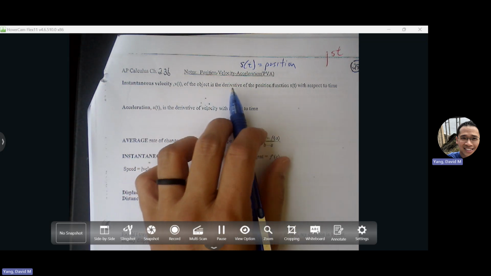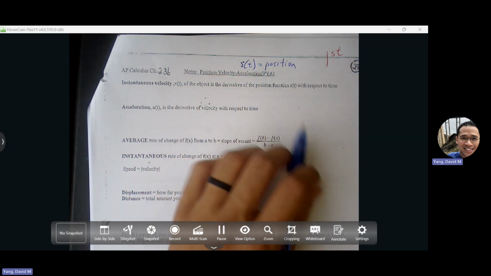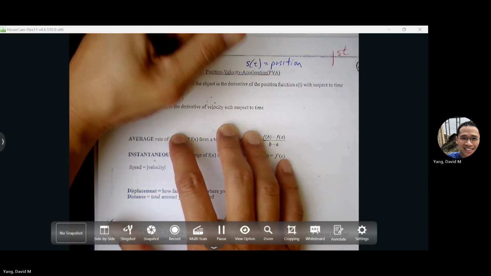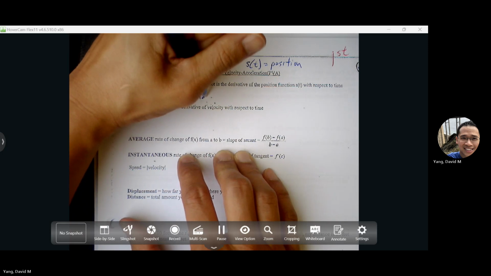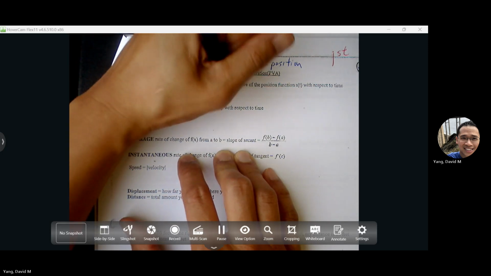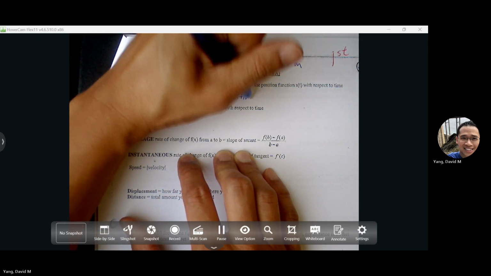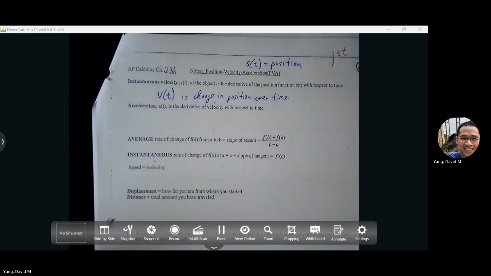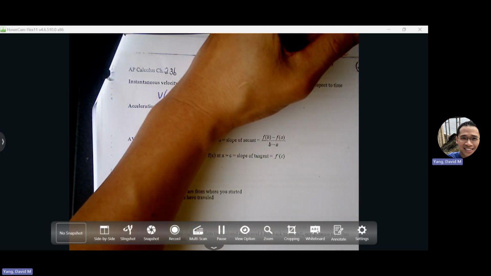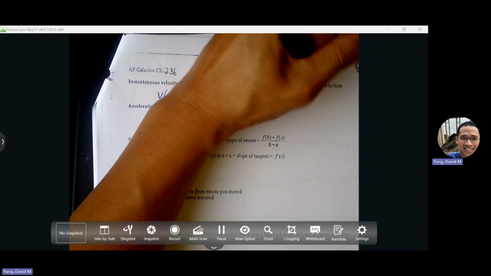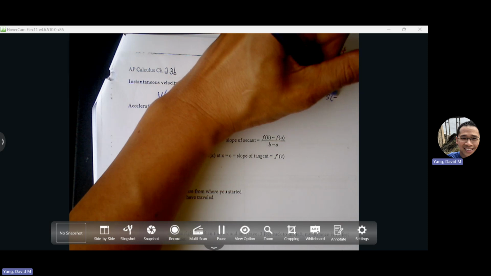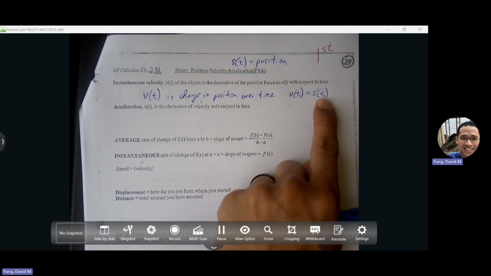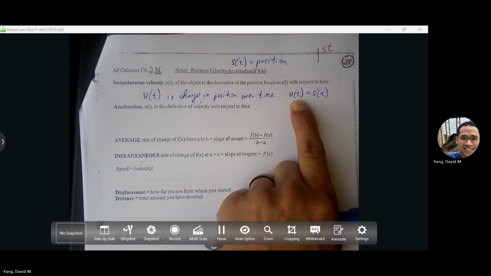Velocity would indicate the rate of change of position with respect to time. And we can think of velocity as simply just the derivative of position. So we take S prime of t, that will get us to the velocity level.